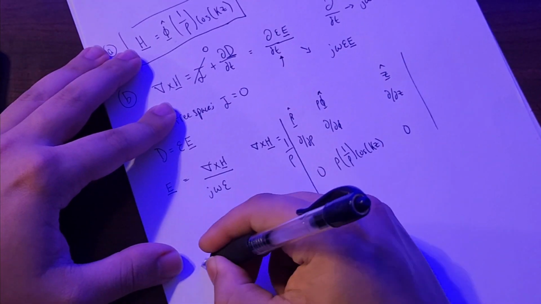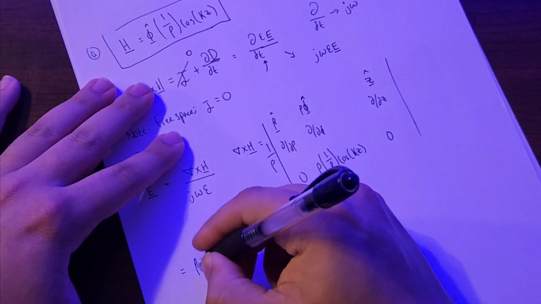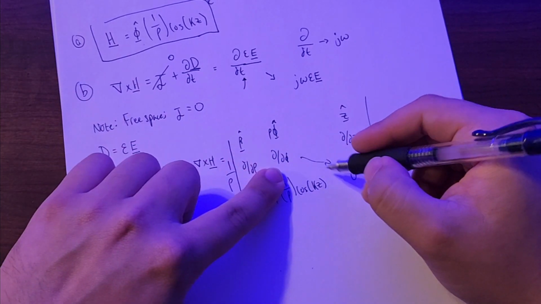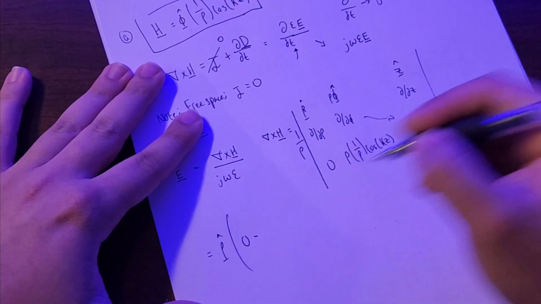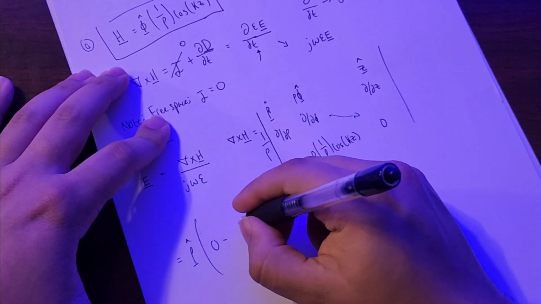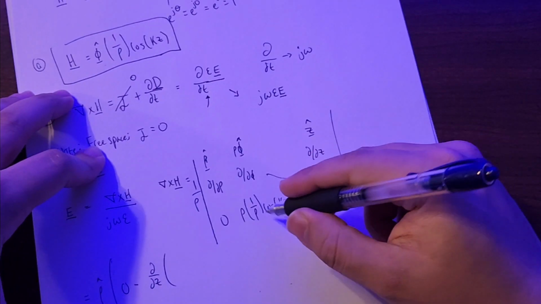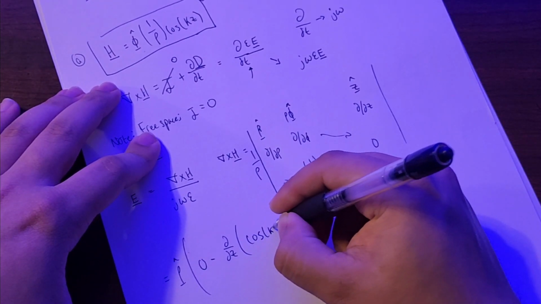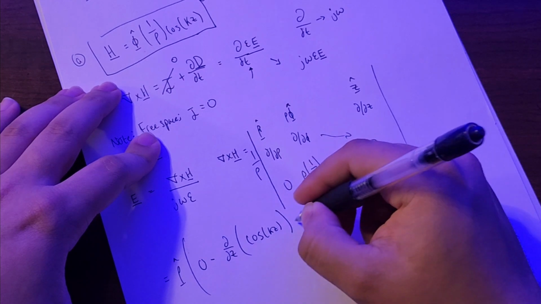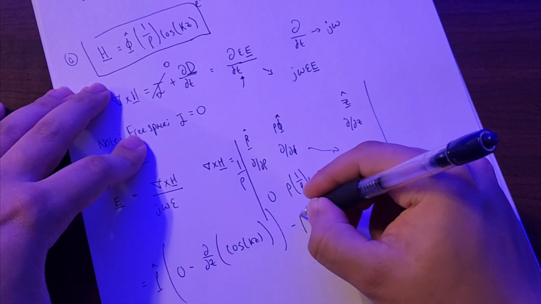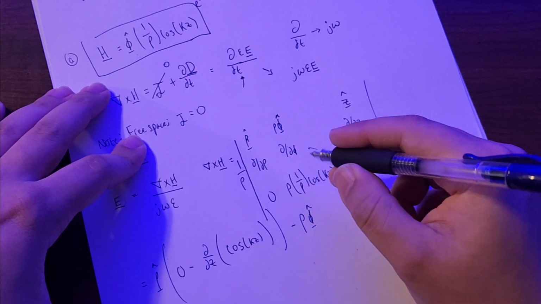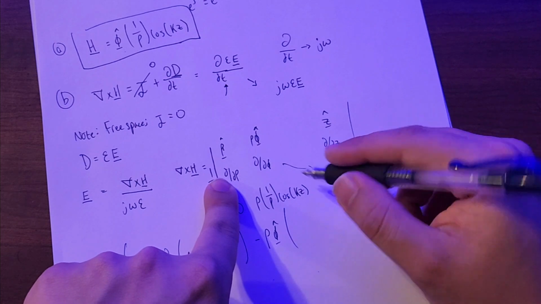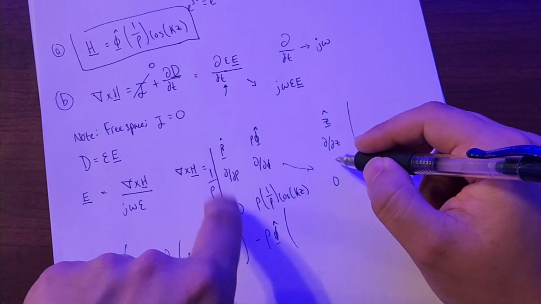So now what we do is we take this here, so we have rho hat times this times 0, which is always 0, minus partial with respect to z times rho times 1 over rho, that's 1. So then we have just the cosine of kz. Now we do minus rho phi hat times, okay, let's take this out here. We have d/d rho times 0, that's 0. d/dz times 0 is 0.